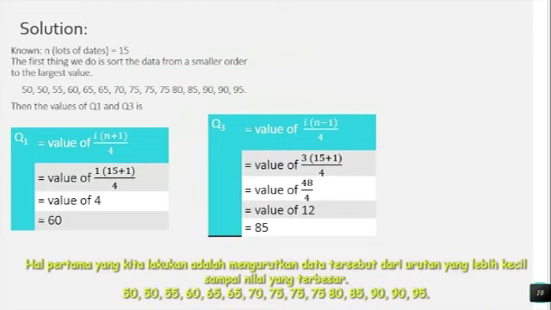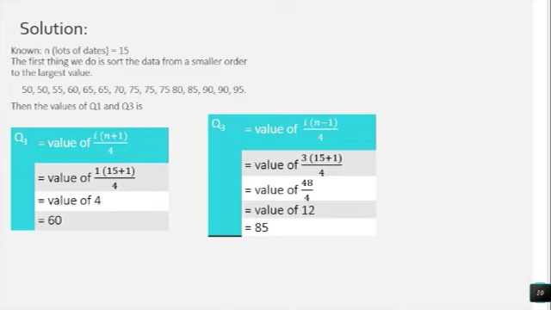15, 15, 15.5, 16, 16.5, 16.5, 17, 17.5, 17.5, 17.5, 18, 18.5, 19, 19, and 19.5.